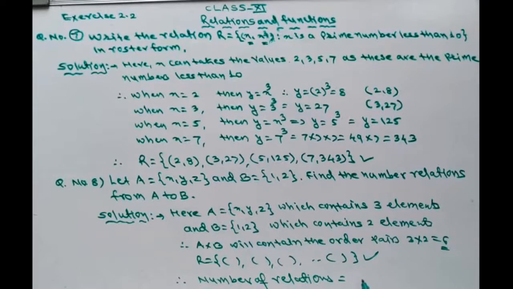So number of relations will be equal to 2 raised to the power 6, that is 2 into 2 into 2 into 2 into 2 into 2. How much is it? 8, 16, 32, 64. Therefore total number of relations are 64. Okay students, thank you.